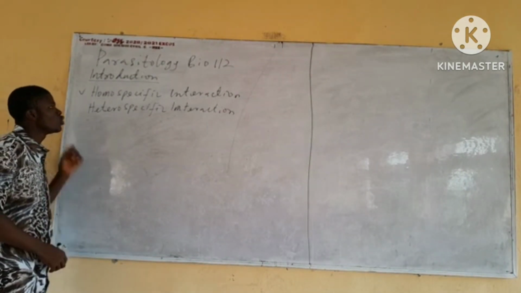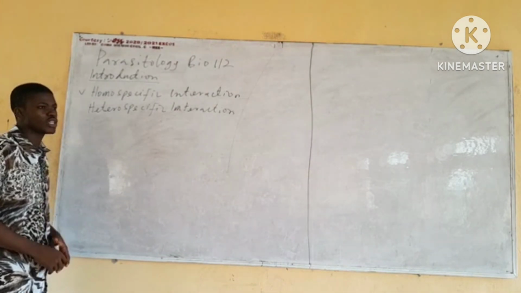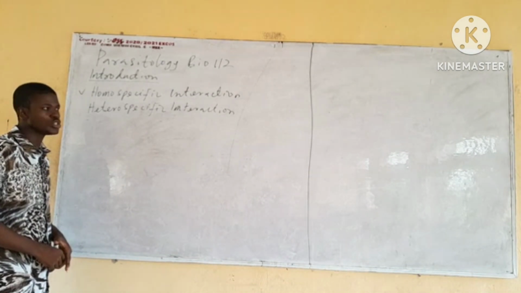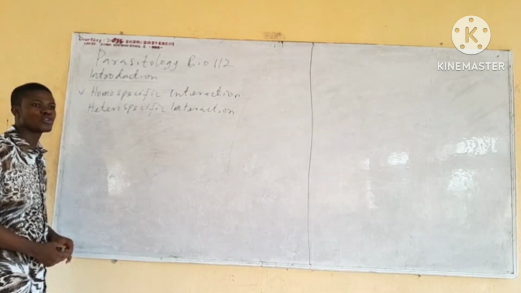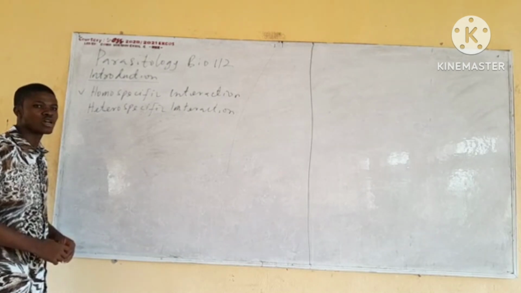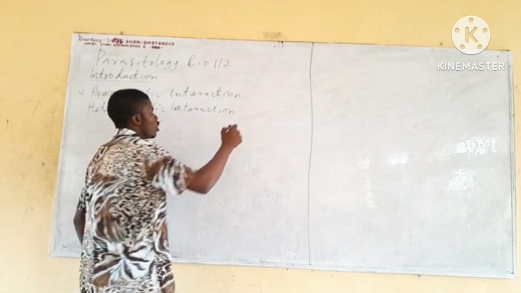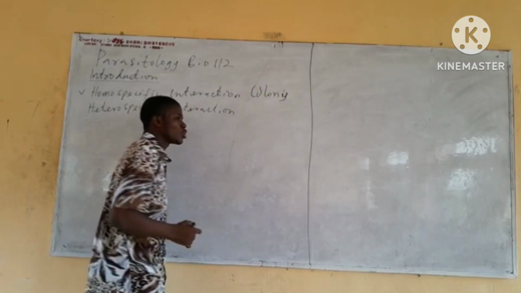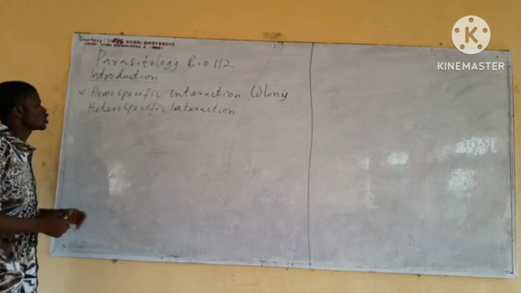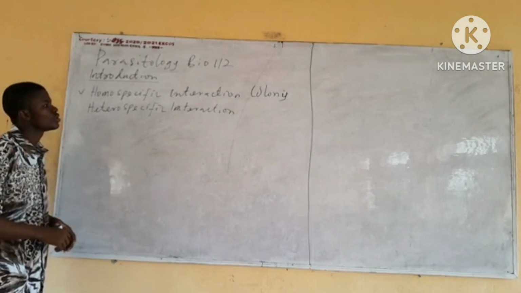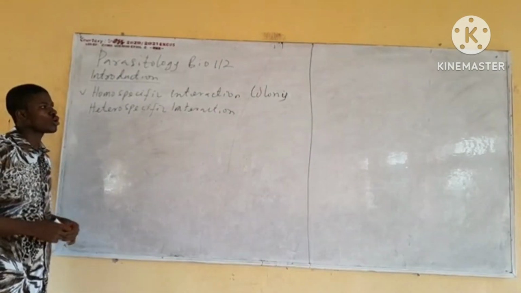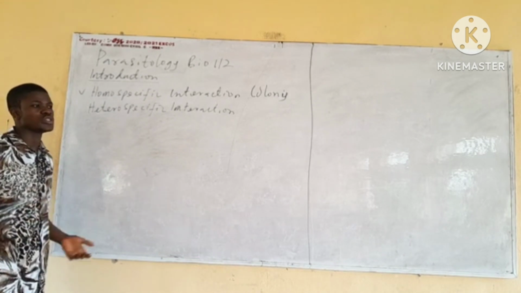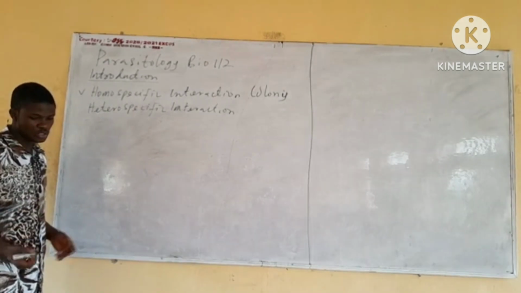Homospecific interaction is a kind of interaction that is seen amongst organisms of the same species, and they often occur amidst organisms in the same colony. Then heterospecific interaction occurs amongst organisms of different species.